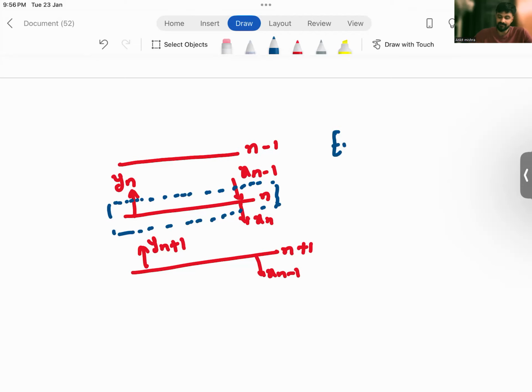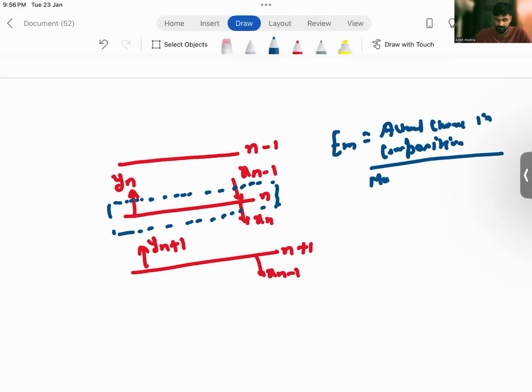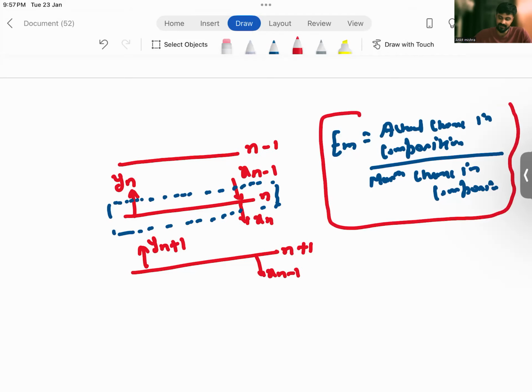So I will be writing Murphree efficiency EM equals actual change in composition upon maximum change in composition. So this is how the Murphree plate efficiency can be defined.